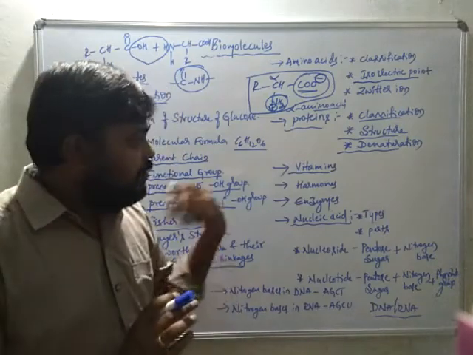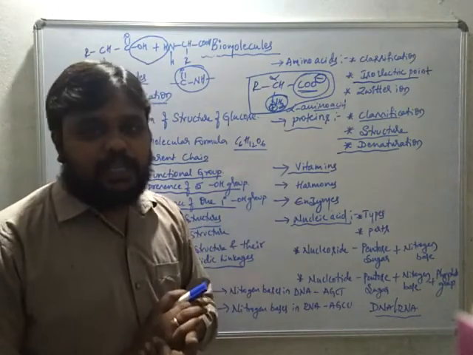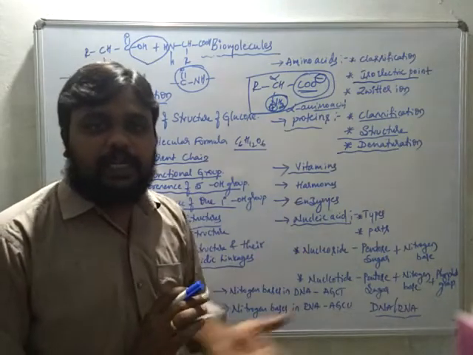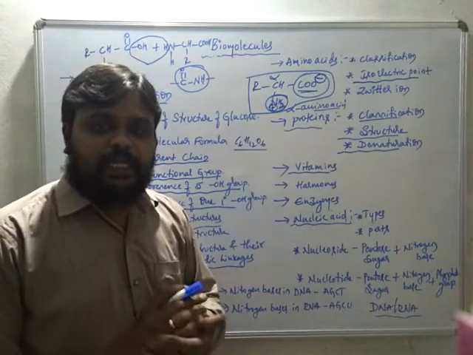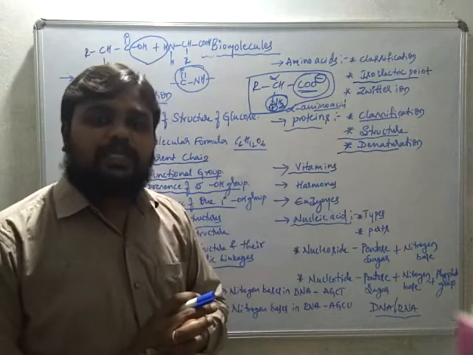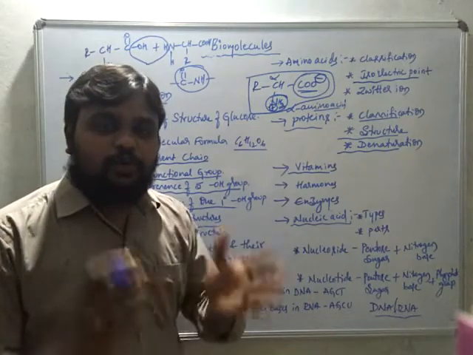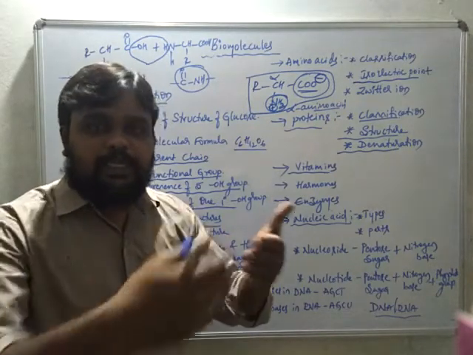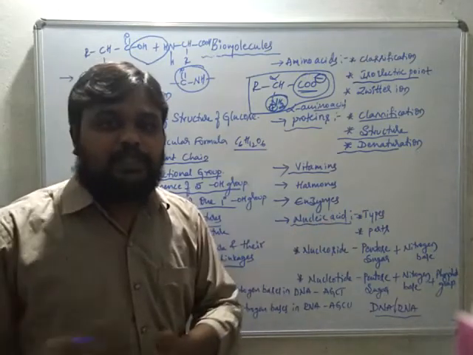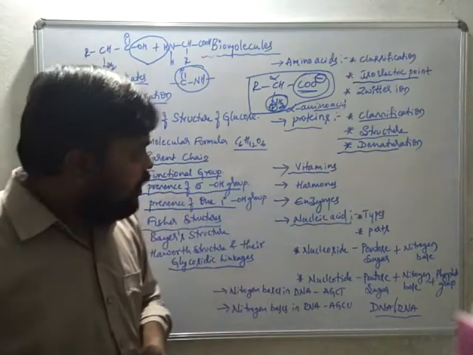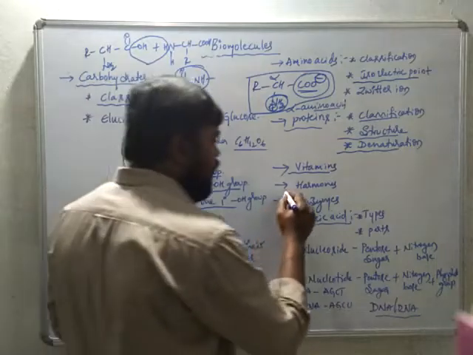Similarly, different vitamin deficiencies cause different diseases. I think you are familiar with this from biology, so you can go through it and get a list of vitamins, their deficiencies and their applications.